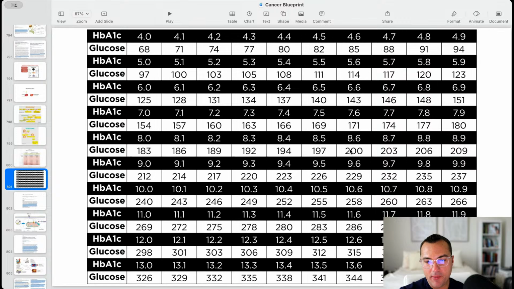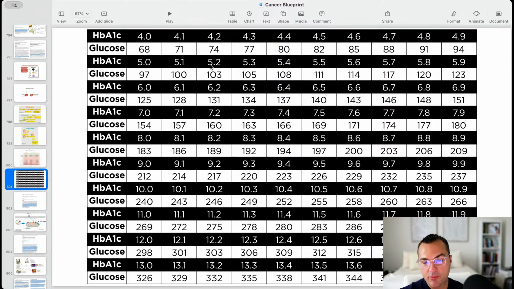Now, that may not be a big deal, may be a huge deal if you have a really bad A1C, like at 9.6%. But let's say you're at 5.2%, and now you're lowering down 15 points down to 85 or something like that. We're so much closer to that goal of 80, on average. So something like this could make the difference for the right person.